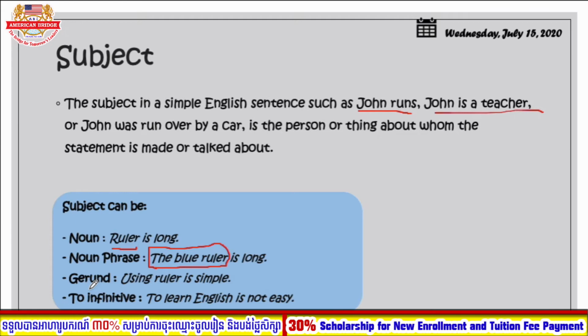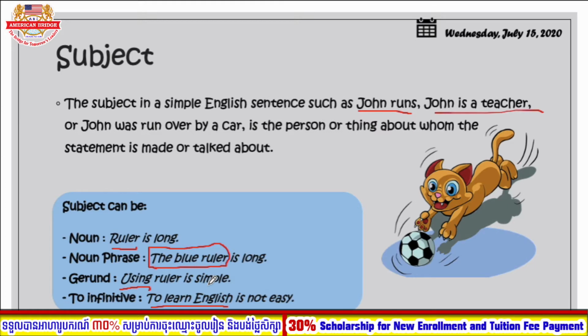For gerund, which is the verb plus ing, in this situation, it becomes a noun because it functions as the subject of the sentence. So, using ruler is simple. So using is the subject of the sentence, and it is the gerund. We can also use a to infinitive as the subject of the sentence as well. To learn English, to learn English is not easy. So to learn English, which is the to infinitive phrase, we use this as the subject of our sentence.